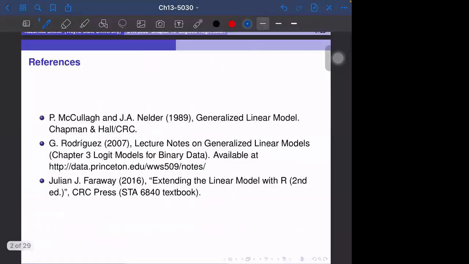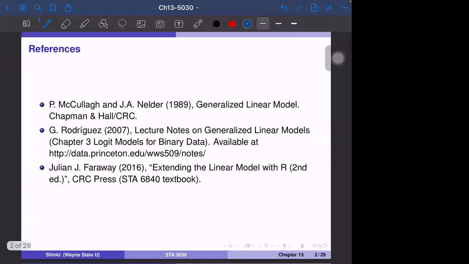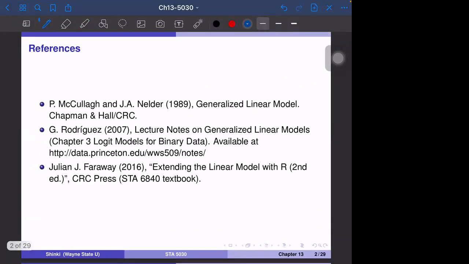This chapter only discusses the very basics of logistic regression. If you would like to know more details, one easy reference is the Princeton University lecture notes. They are written very well, and accessible for free. Another is the textbook for STAT 6840.